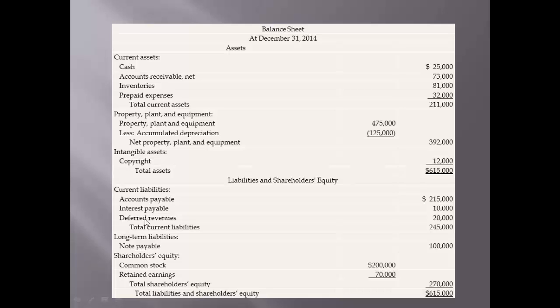We have unearned or deferred revenues, which you recall represents an obligation on the company to provide future services or transfer goods in the future. Other examples of current liabilities are short-term notes payable. That is short-term debt that will be due in 1 year or the operating cycle, whichever is longer.